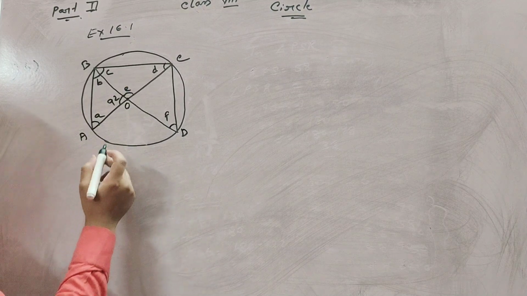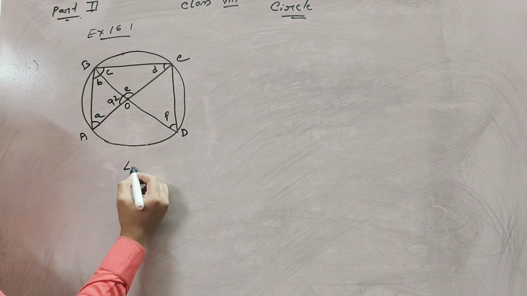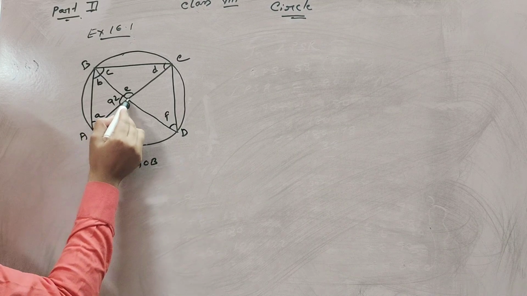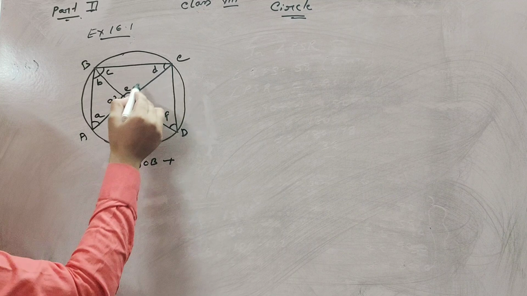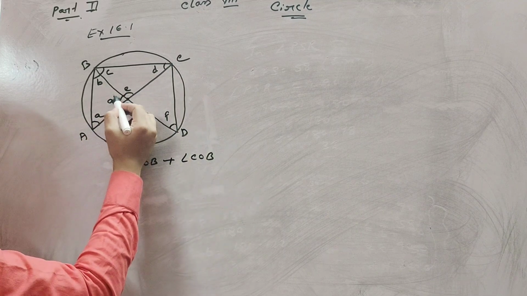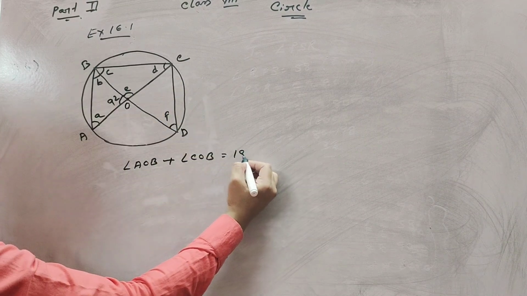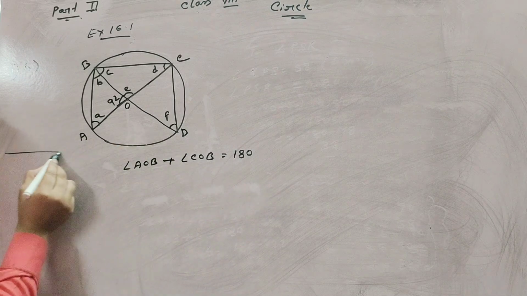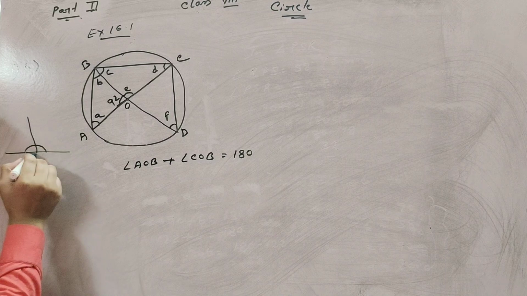So we know that whenever a straight line, angle AOB plus angle COB, whenever you add these two angles, because they are drawn on a straight line, what do we get? 180, because a straight line is always 180.